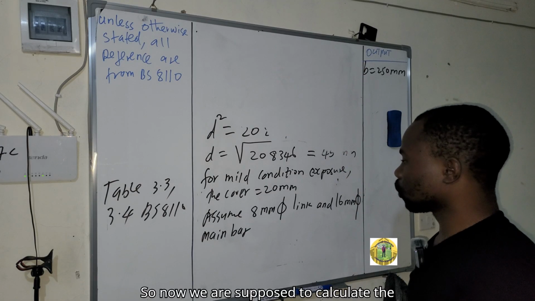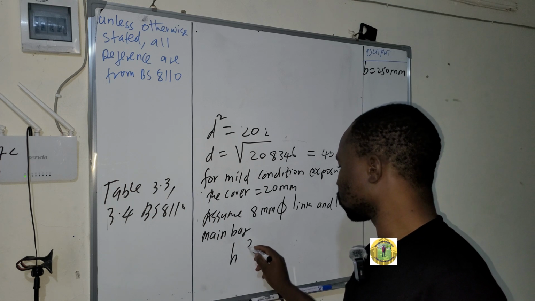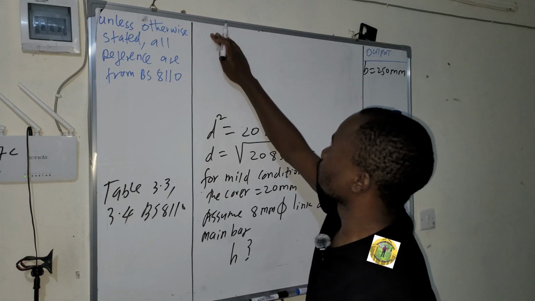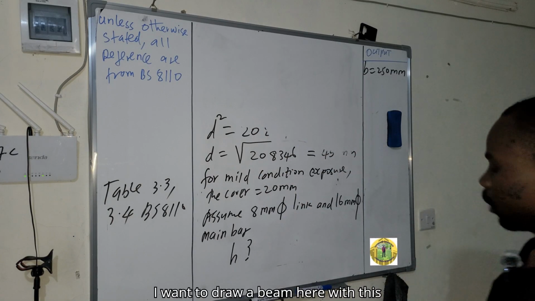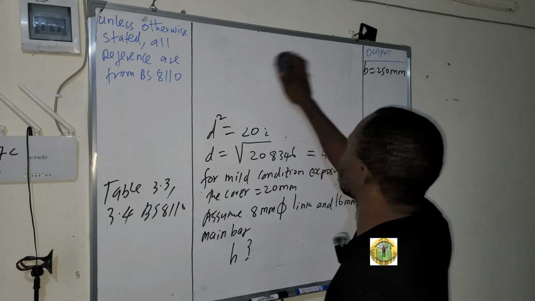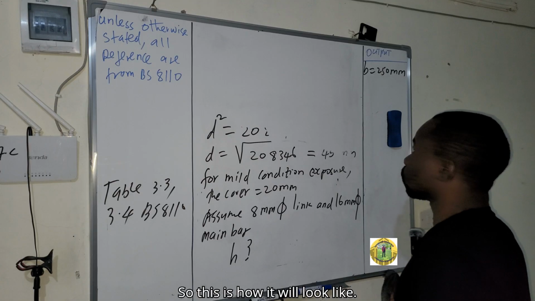So now we are supposed to calculate the overall depth, which is h. So I want to draw a beam here with this reinforcement bar. So this is how it will look like.